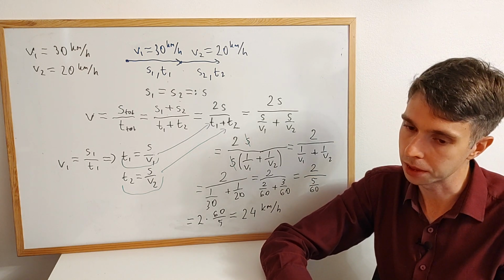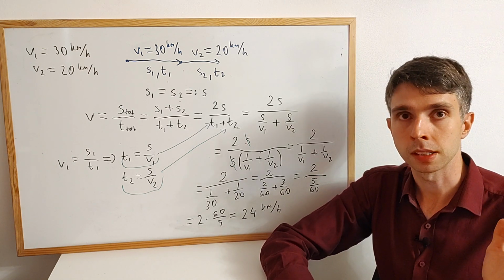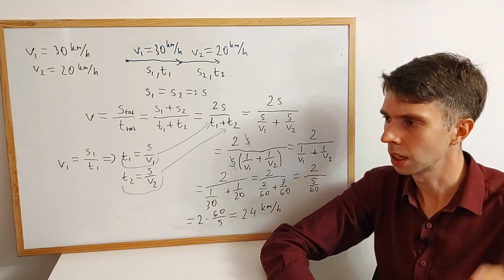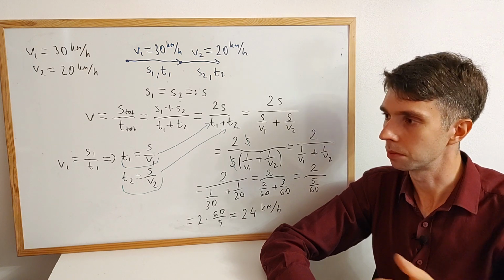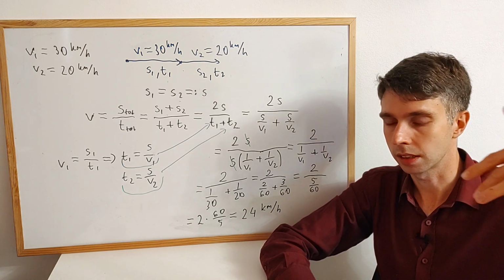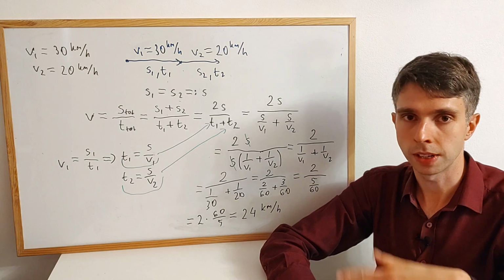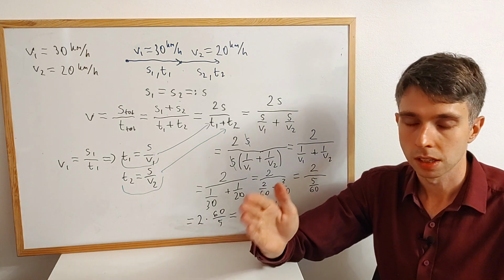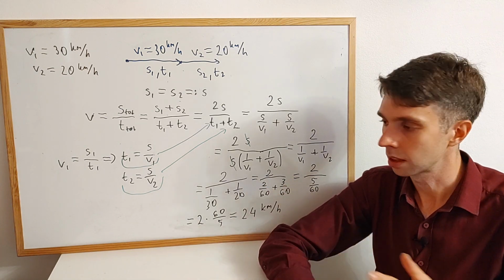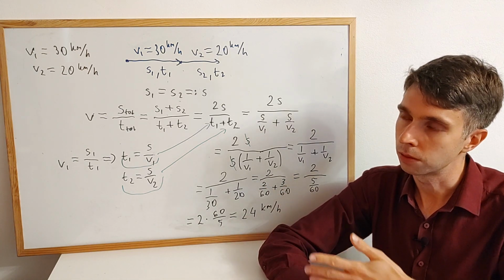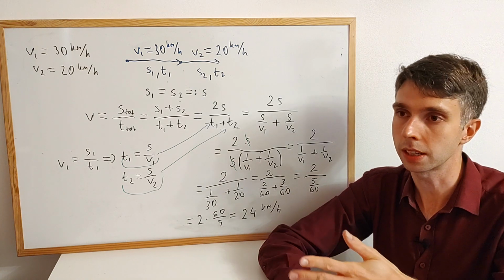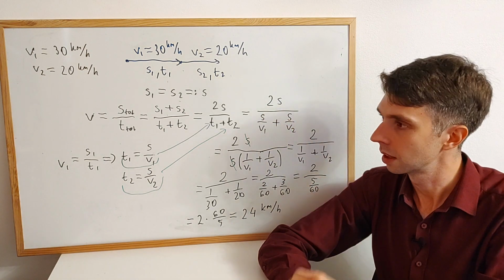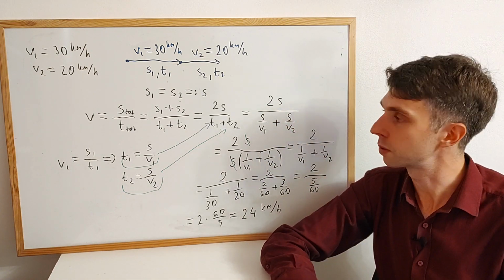So for example, when the track is hilly in mountains, a cyclist can ride downhill very quickly with great speed, but it takes a short time, whereas it takes him much longer to ride uphill with much smaller speed.